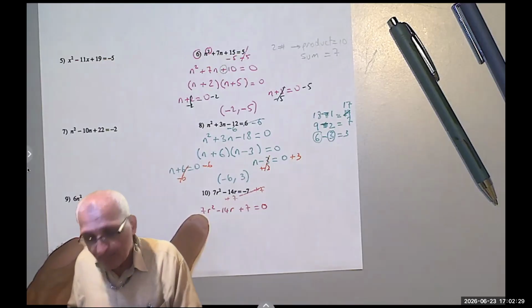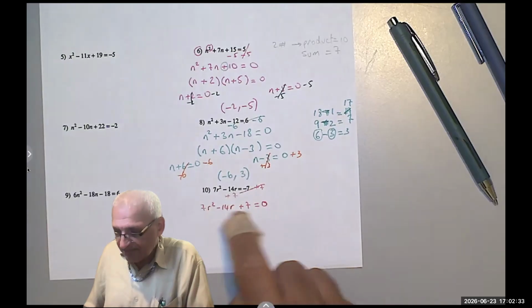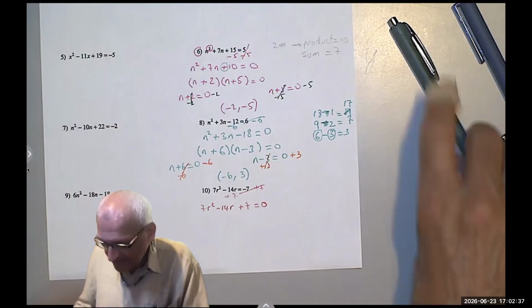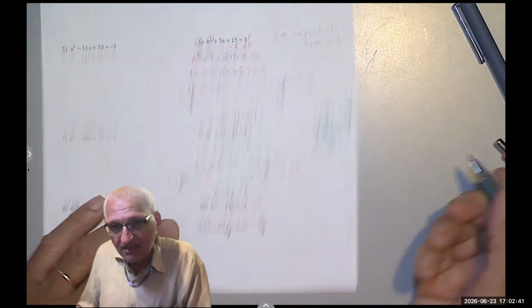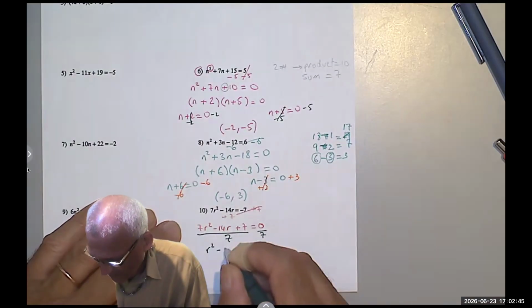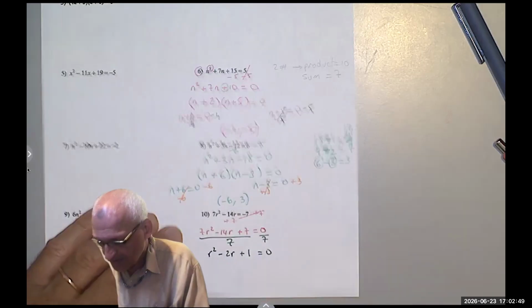In fact, this problem becomes easy because I can see that all three terms are divisible by 7. So if I divide right and left by 7, the right-hand side stays 0. The left-hand side would be r squared minus 2r plus 1 equals 0.